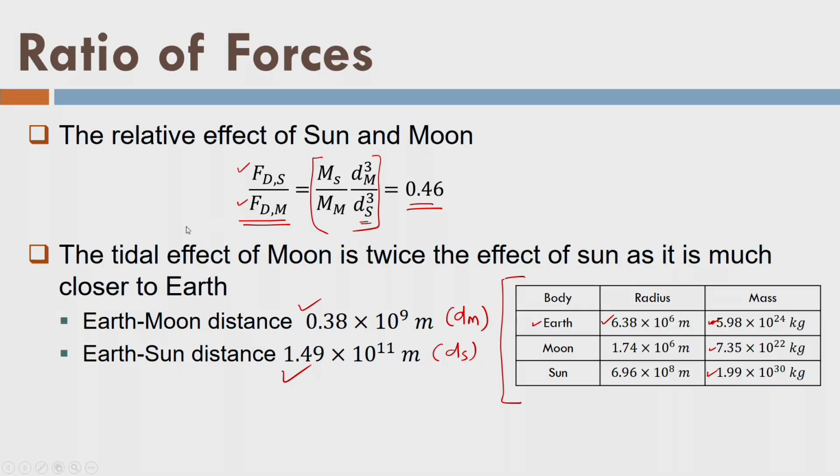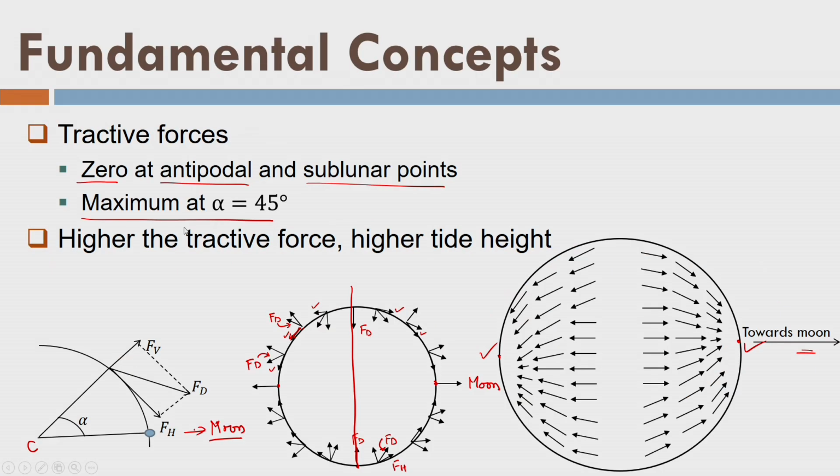One more aspect I would like to tell you here: if you go back here, water is accumulating here under the influence of tide and accumulating here. But what about this point? Water has been withdrawn from here towards this side and this side. So these are the points of the low tide. Similarly, this point is a point of low tide.